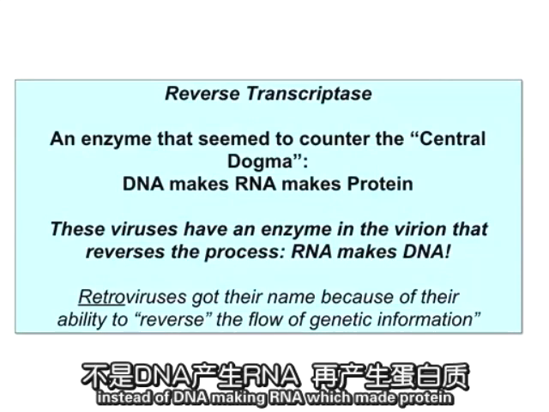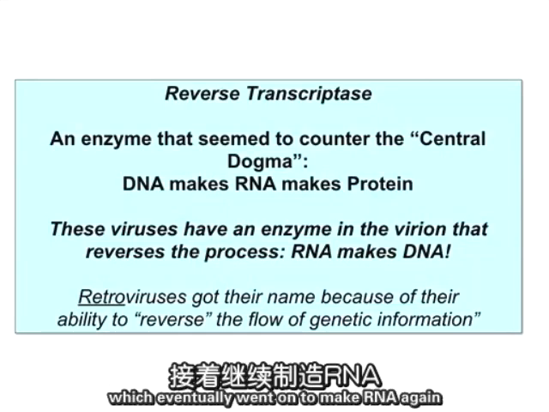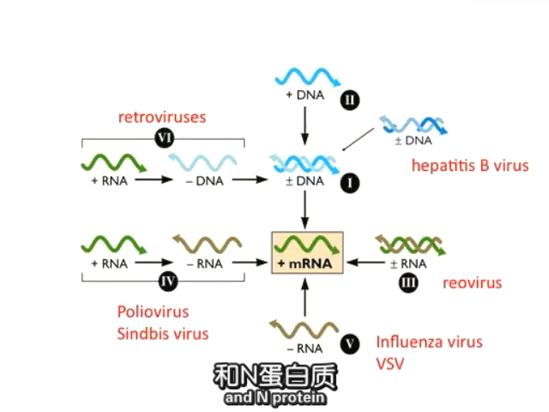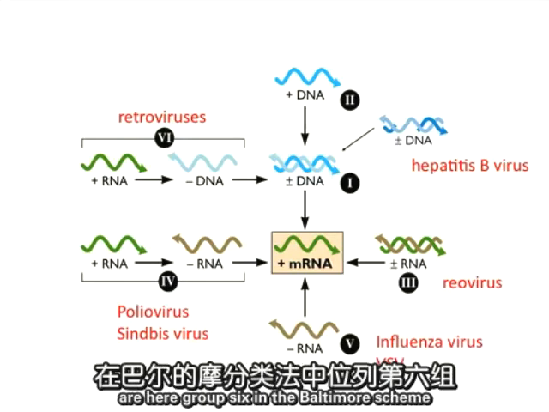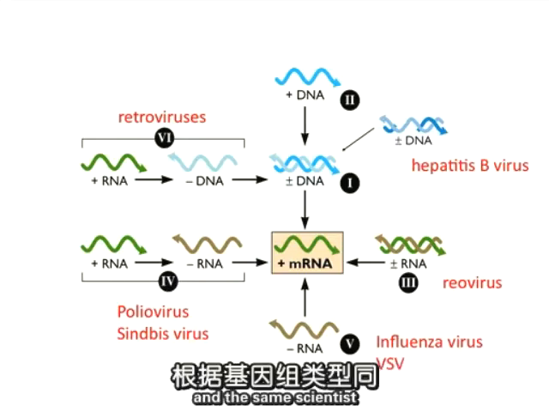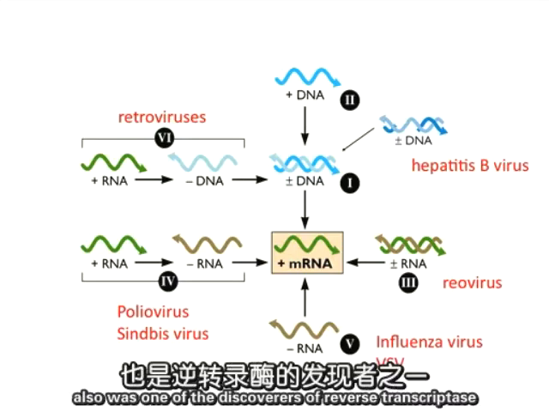Instead of DNA making RNA, which then made protein, this enzyme took RNA, made DNA out of it, which eventually went on to make RNA again and protein. The viruses we're going to talk about today are group 6 in the Baltimore scheme, and the same scientist who put together this classification according to genome types also was one of the discoverers of reverse transcriptase.